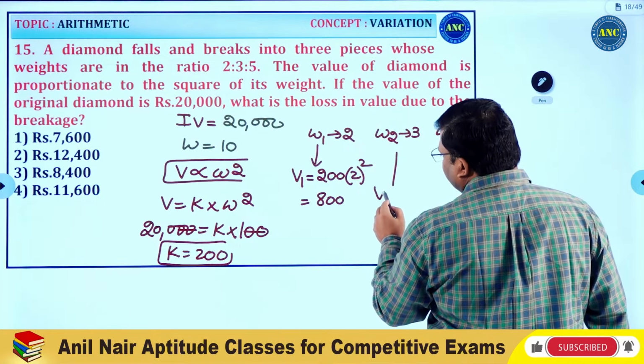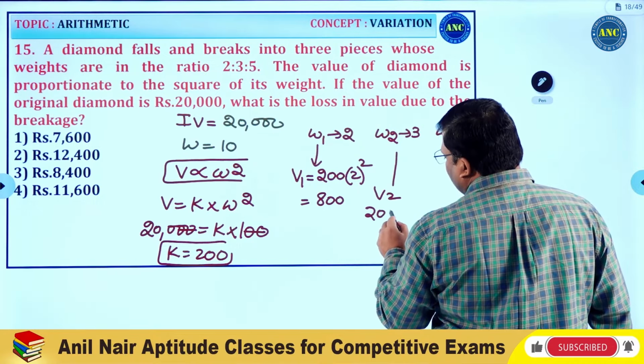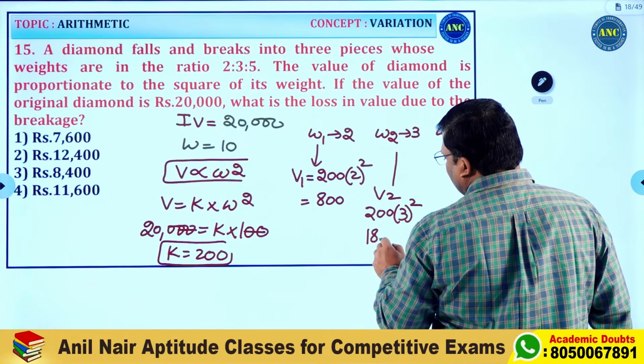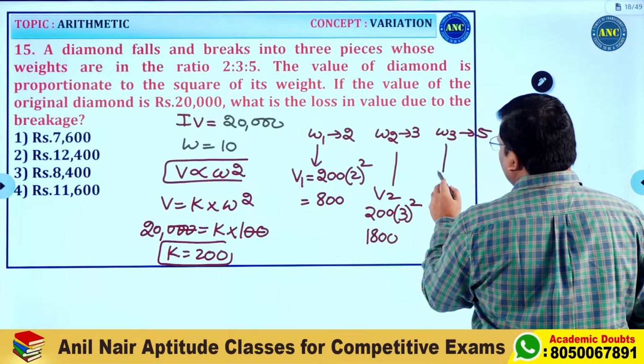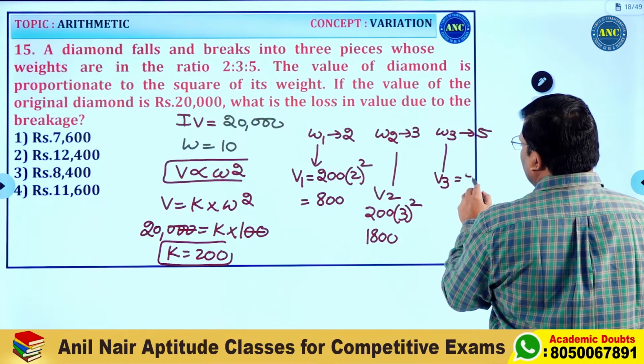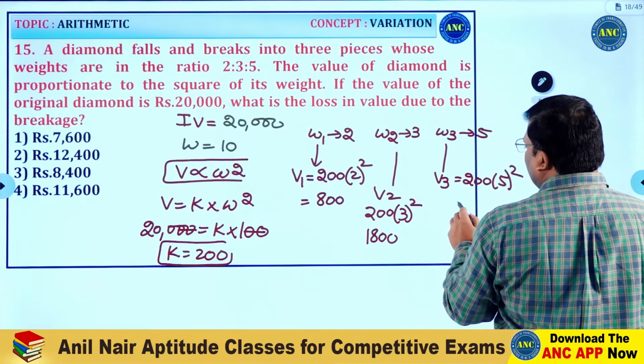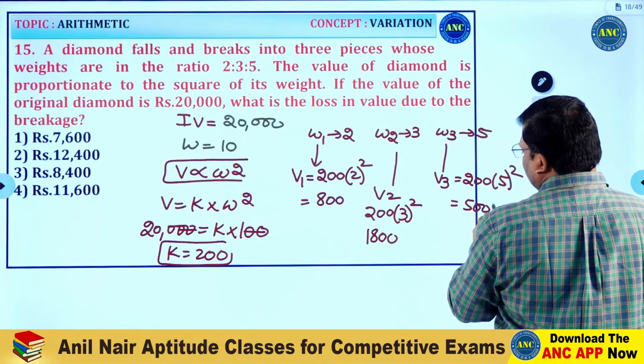V2 will be 200 into 3 square, 9 into 200, 1800. V3 will be 200 into 5 square, 25 into 200, 5,000.